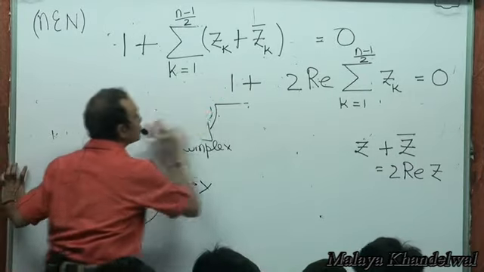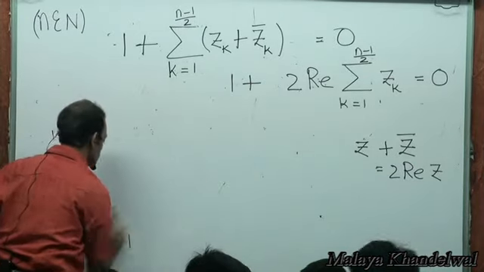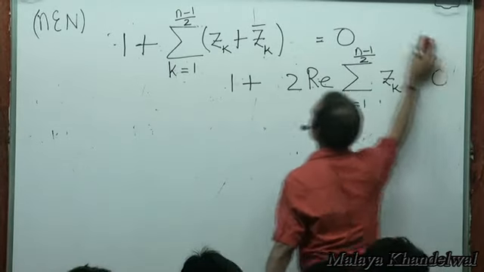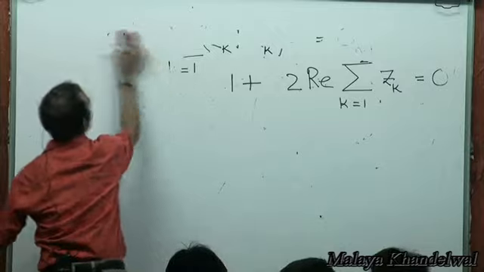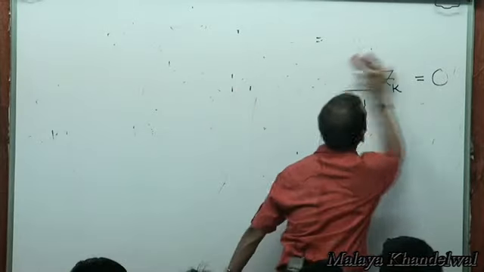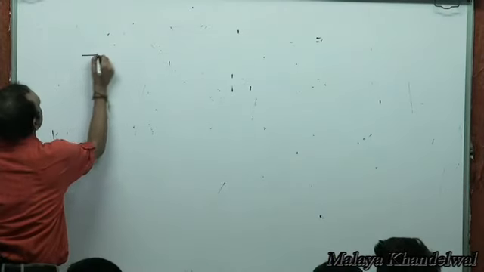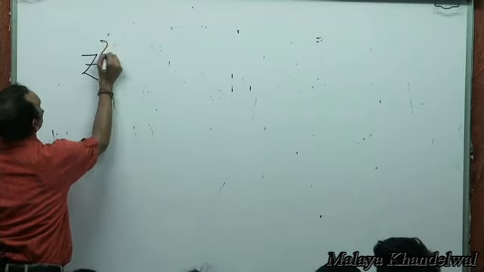Now, suppose I took something like this. Say n odd, say n is of the form 2n plus 1.